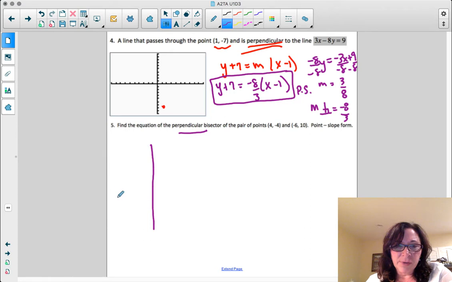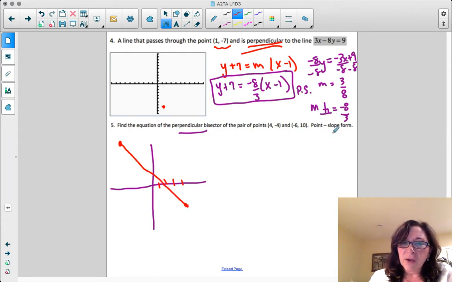So what we're doing here is I'm going to graph this. And when I graph this, I have 4, negative 4, which is about here, and negative 6, 10, which is up here. So we have this line that goes through here, just like that.